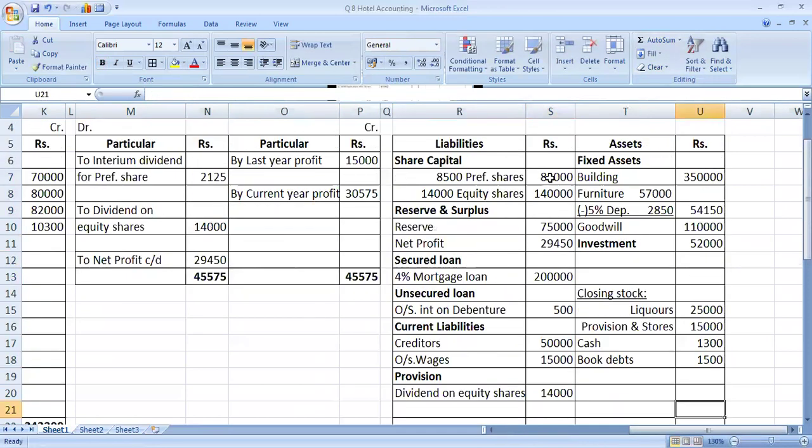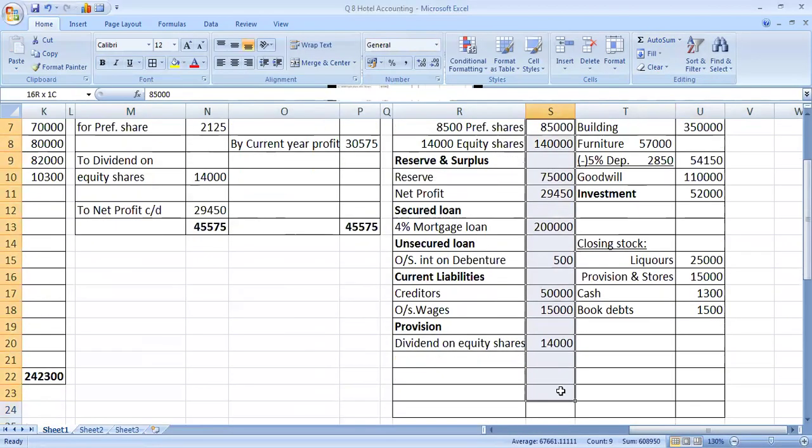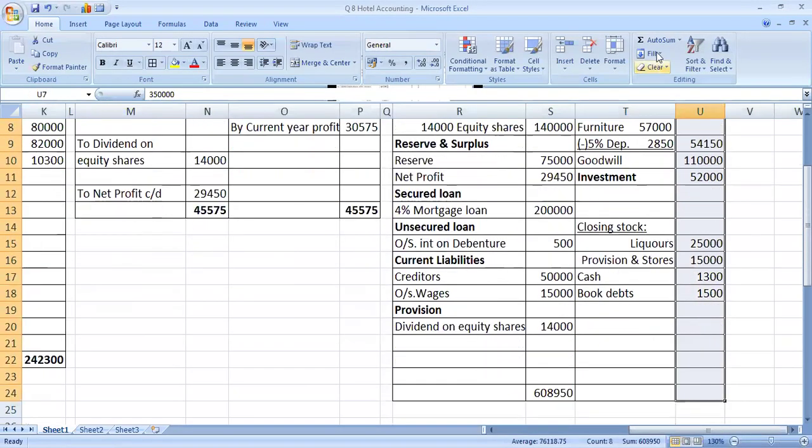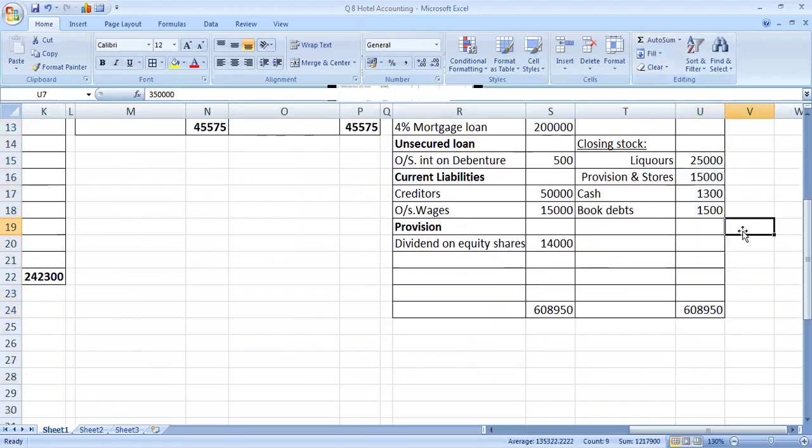Now total of balance sheet liability side 6,08,950, and total of balance sheet asset side should be the same, 6,08,950.